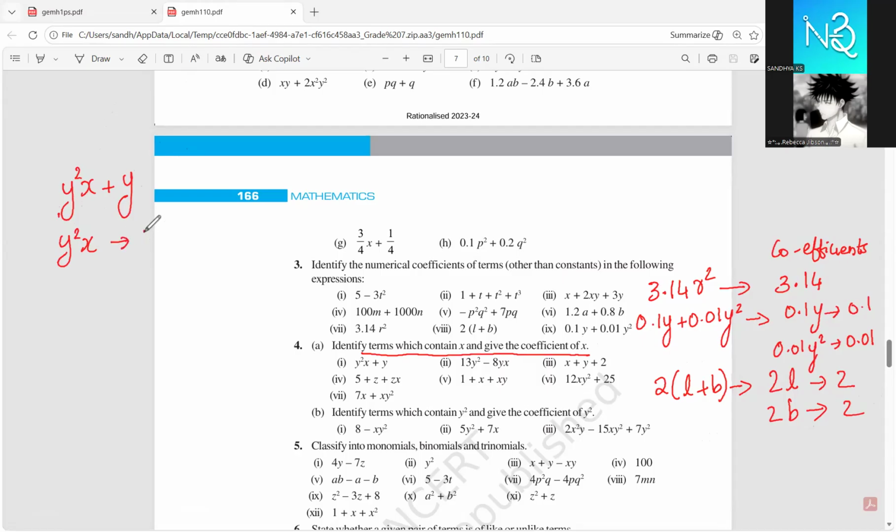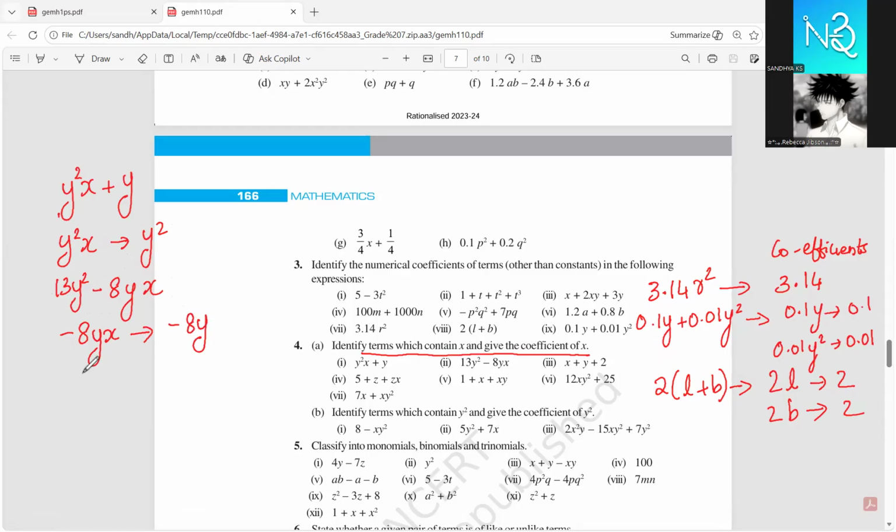Y squared. Very good. Next, 13y squared minus 8yx. Identify the term which contains x. Negative 8yx. Very good. What is the coefficient? Negative 8y. Very good.